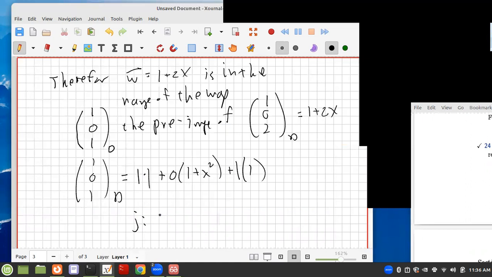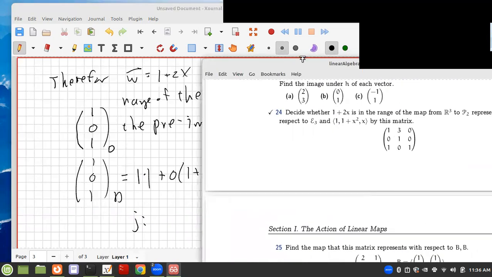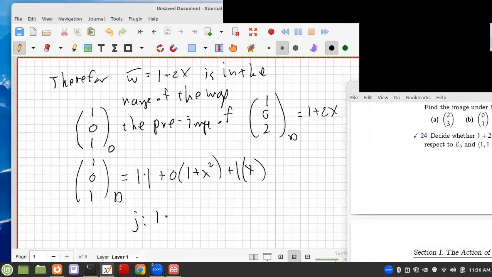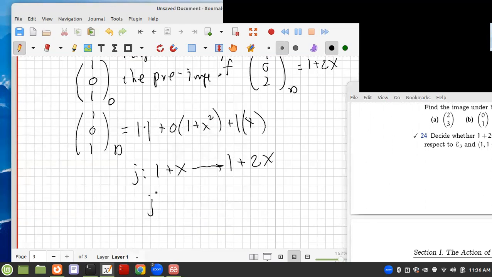So our map J sends the third thing here was not this, it was x. The third is x, so it's 1 times x. So the image of 1 plus x equals 1 plus 2x. Or you could write it as J of 1 plus x equals 1 plus 2x.